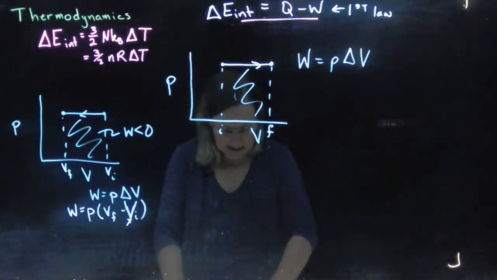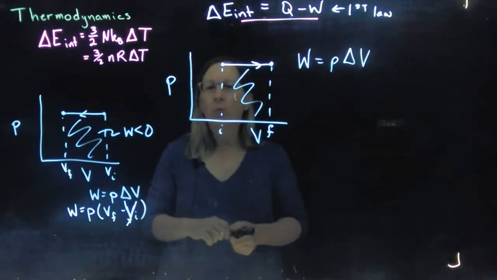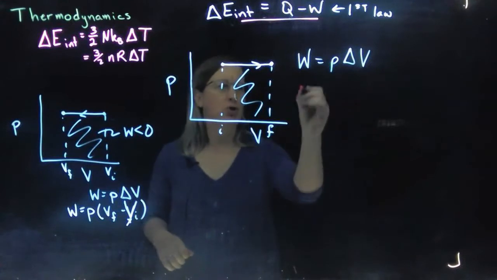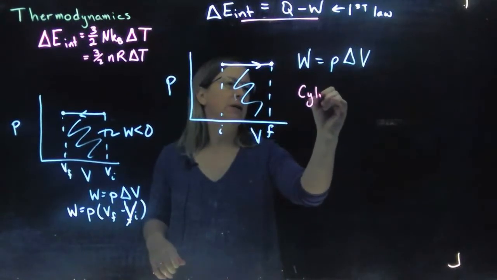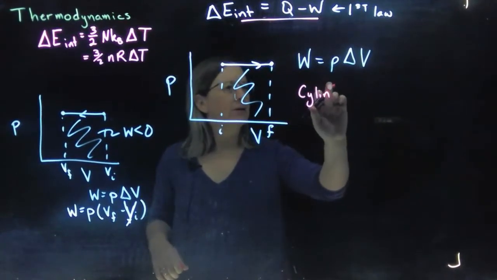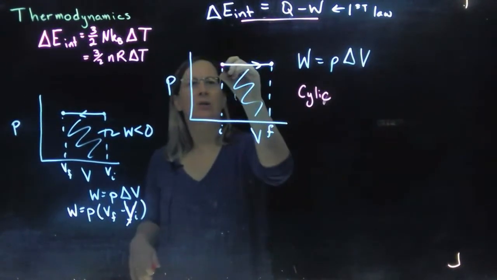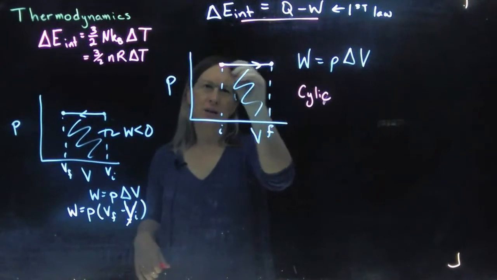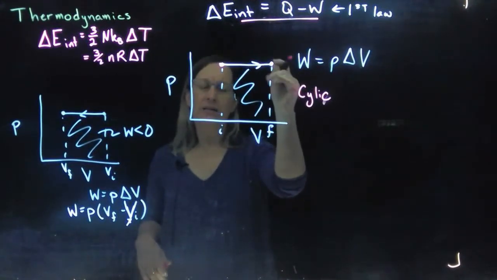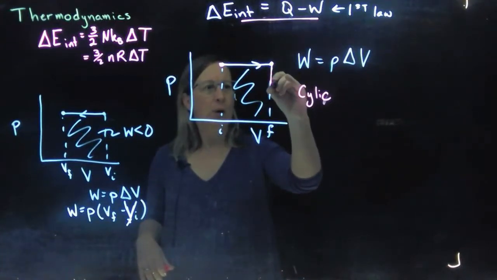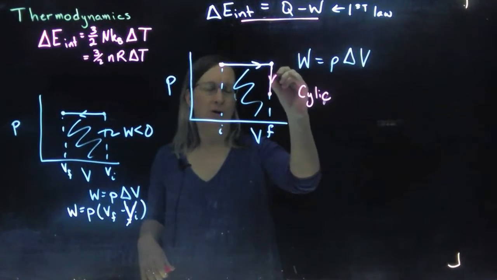Now we can take a situation like this and make what's called a cyclic process, which means we go back to our starting point. Not cylinder, cyclic process. Let's say we start here and do an isobaric expansion, the volume gets bigger, then we keep the volume the same and drop the pressure.